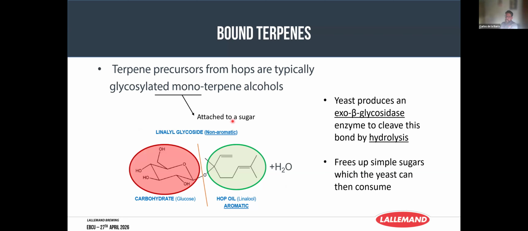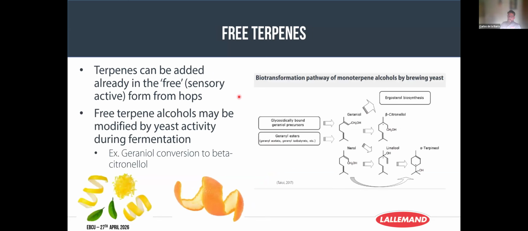So this whole thing here is non-aromatic when it's sugar. It is active when it's free. They can sometimes be added in the free form. There's a portion of these that are already free in the hops, but most typically they'll be bound to either a sugar or a cofactor or different molecules of interest for the yeast.